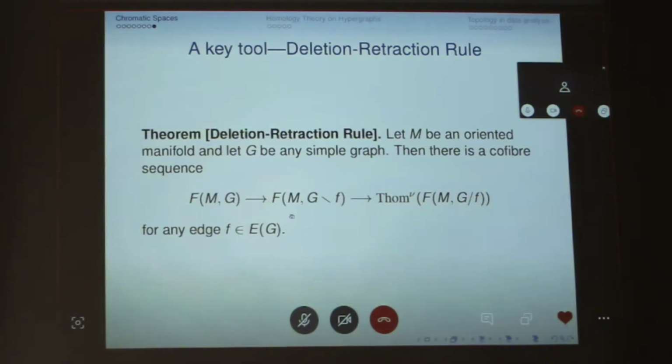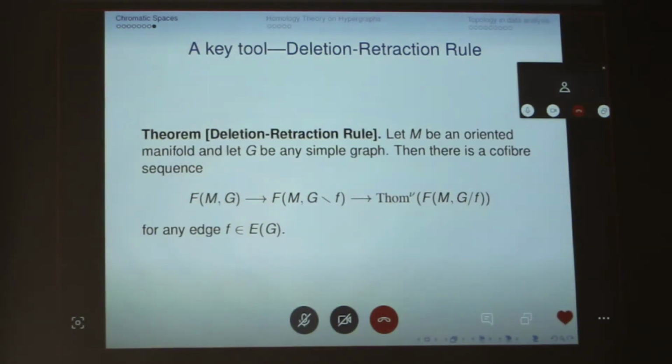So we get a nice cofiber sequence, and as we learned, when we observe this cofiber sequence, we already see that there is a topological way to approach the homology.